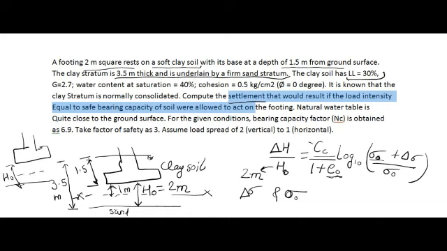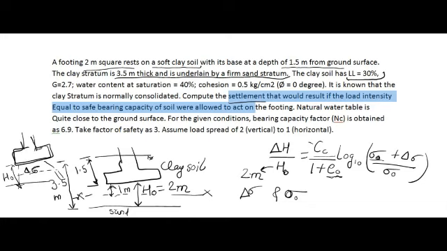So at the center we have to find its delta sigma. Delta sigma is due to the increase of pressure intensity, that is the change in stress due to the presence of this footing.